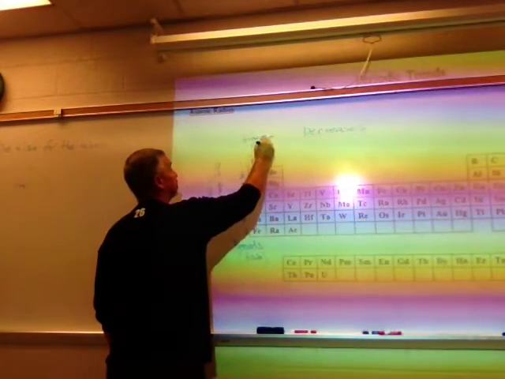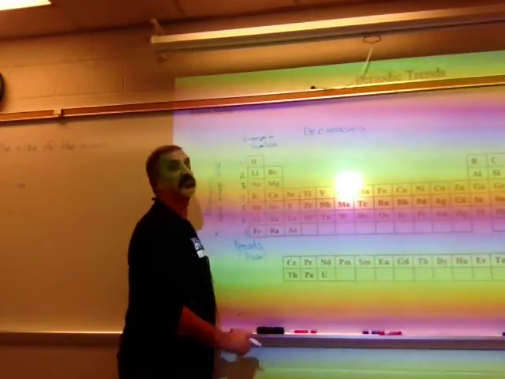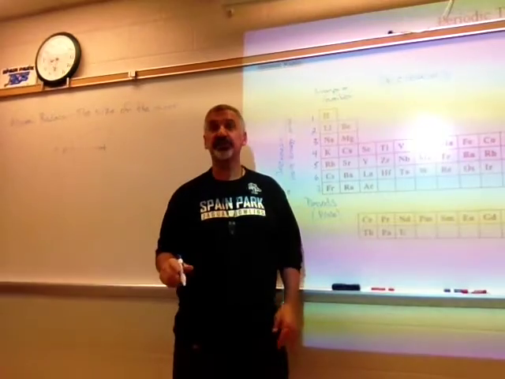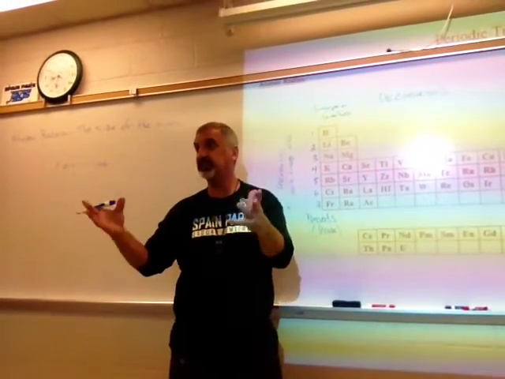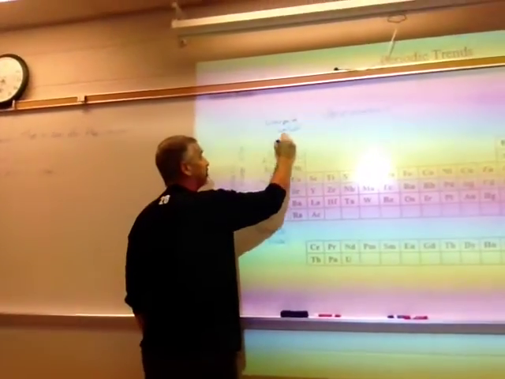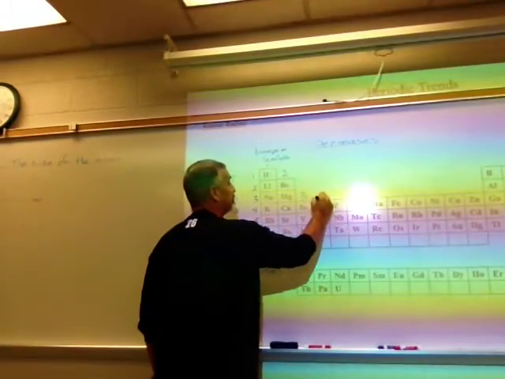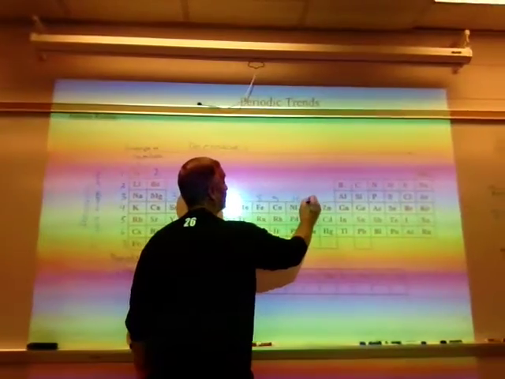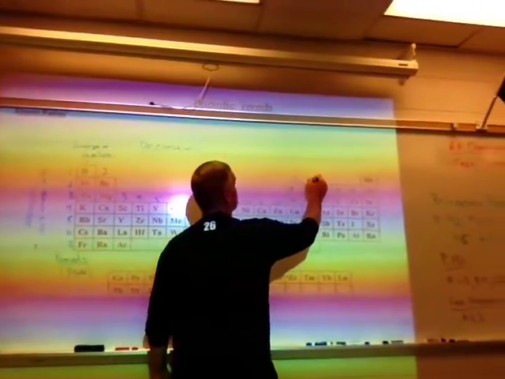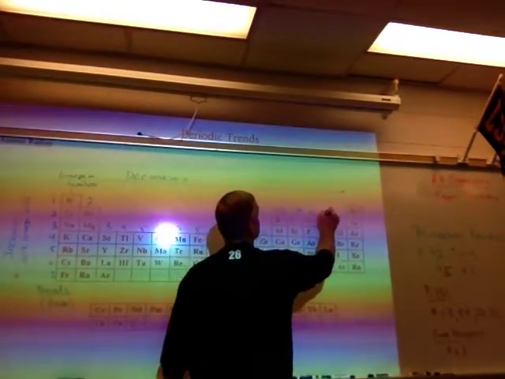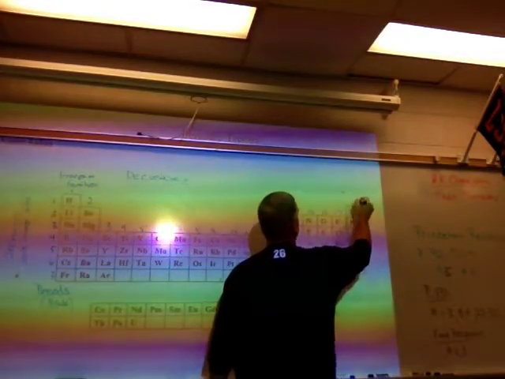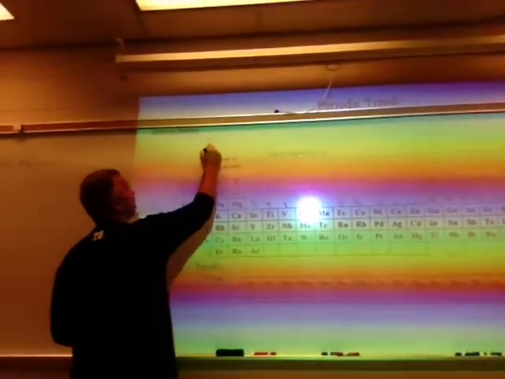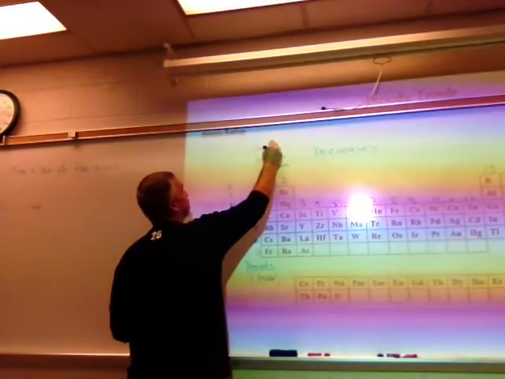Why families? Going down, they have similar characteristics, just like people in a family have similar characteristics. And remember, we just number them 1 through 18. So that's your groups or families. These are your columns.